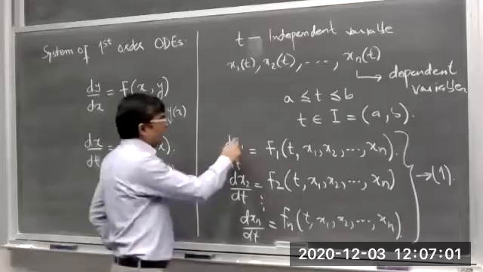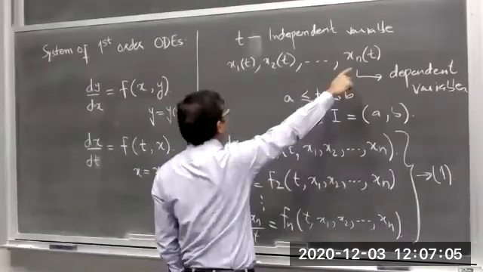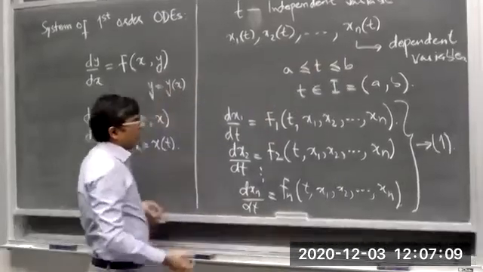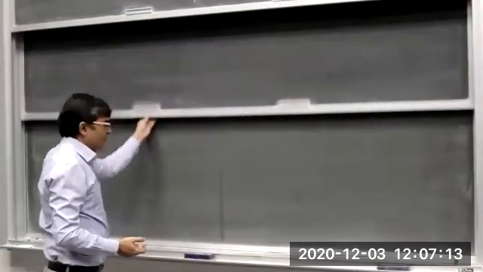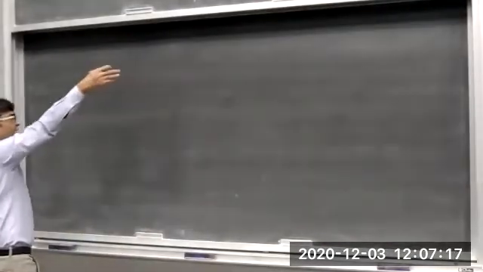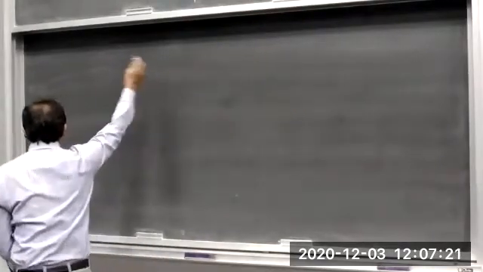No, the x1, x2, xn, they are n different dependent variables. They are not derivatives. For example, if I define a system of two differential equations, then I can use different variables. In general I have to define n variables, so I took the index of all the variables.